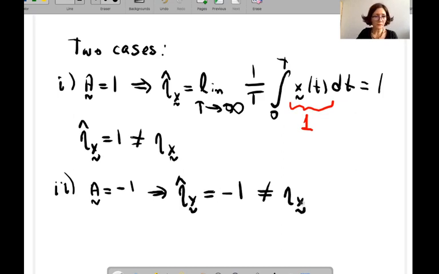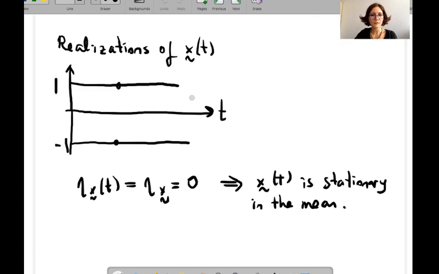So what we conclude from here is that no matter which realization I take, the first realization or the second realization, in both cases the estimate of the mean that I obtain is not equal to the actual mean. So the ergodicity assumption fails for this random process. This random process is not ergodic in the mean.